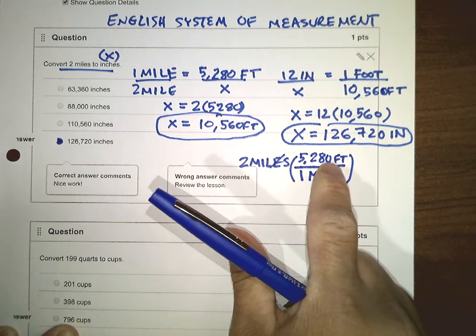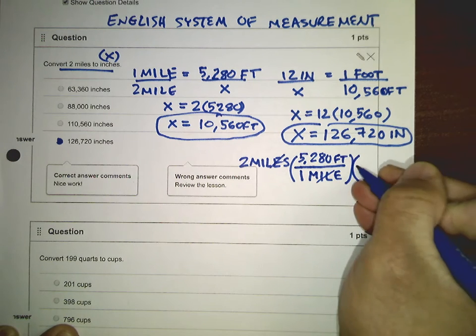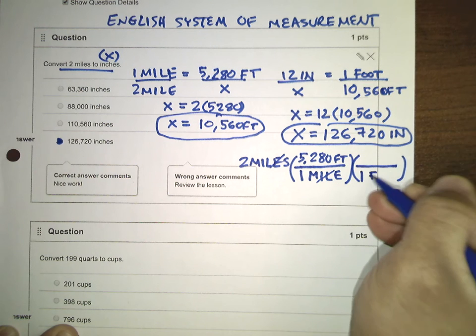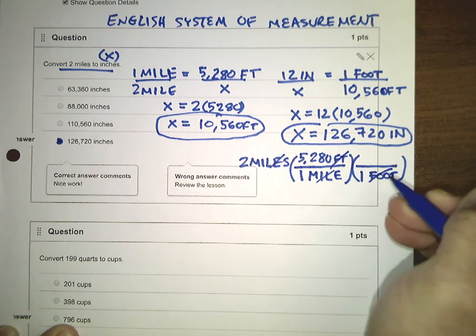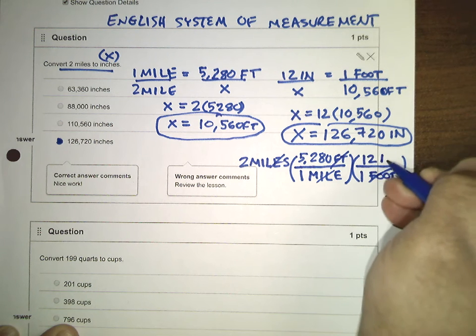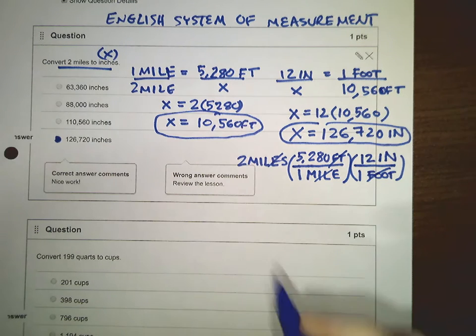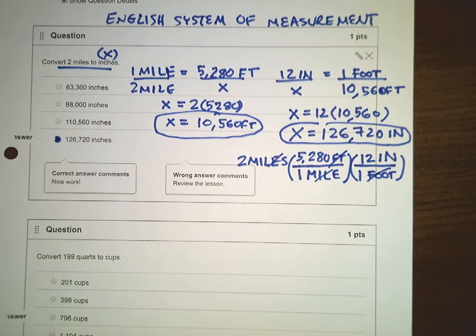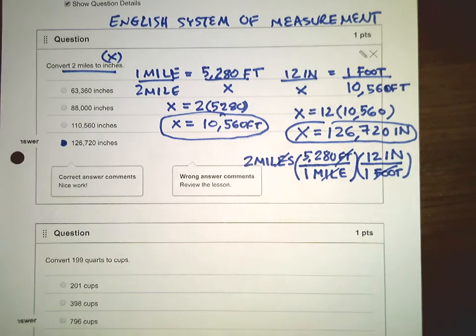Then I want to convert the feet to inches. So I take that 12 inches equals 1 foot, but write the 1 foot in the denominator so that the feet cancel out, and then write the 12 inches in the numerator. What do we have here? We have 2 times 5,280 times 12 inches together. Let me get out my highlighter so it will be a little easier for you to see.